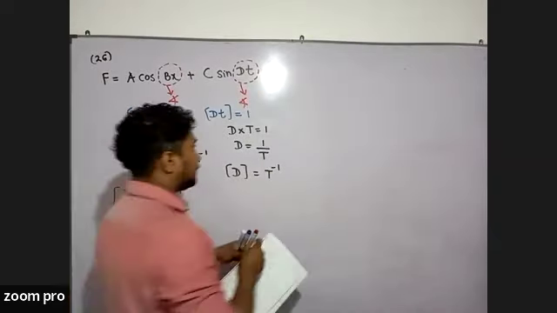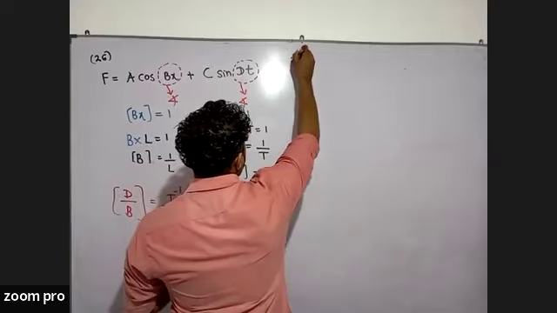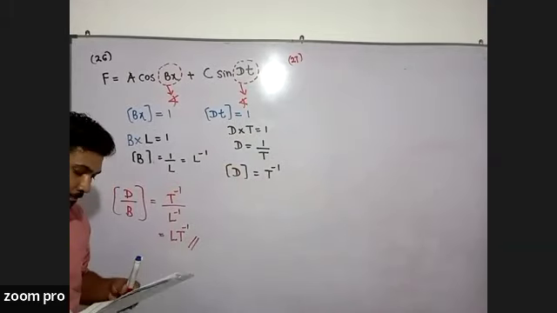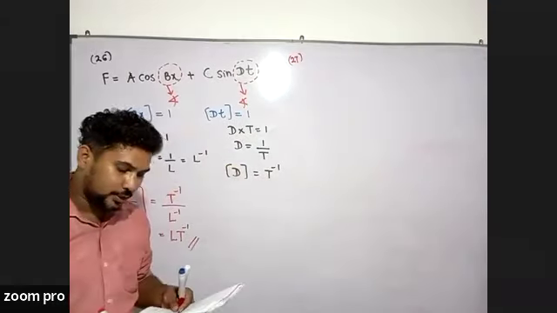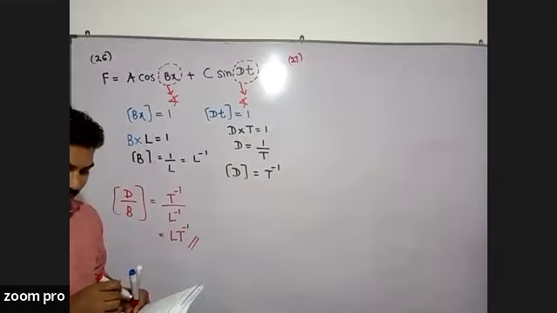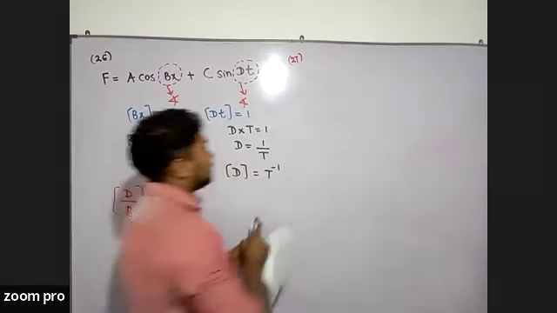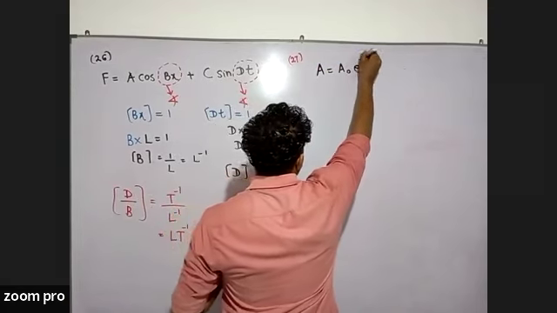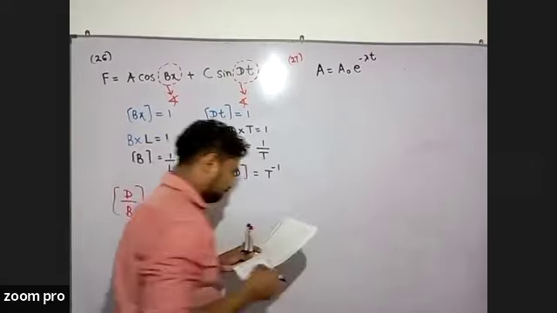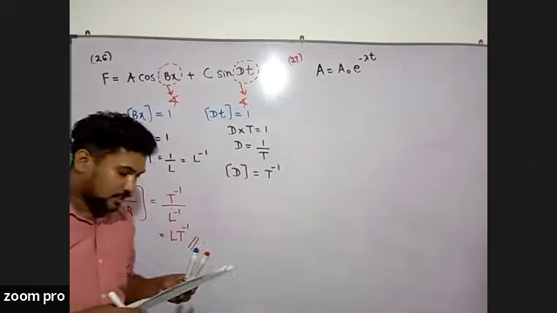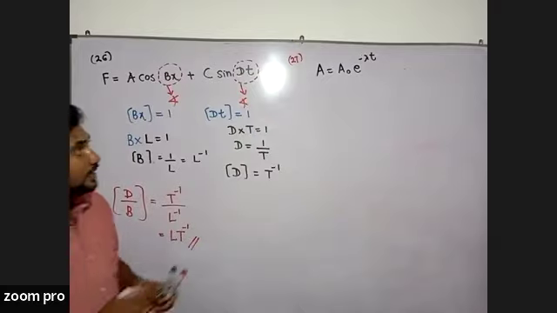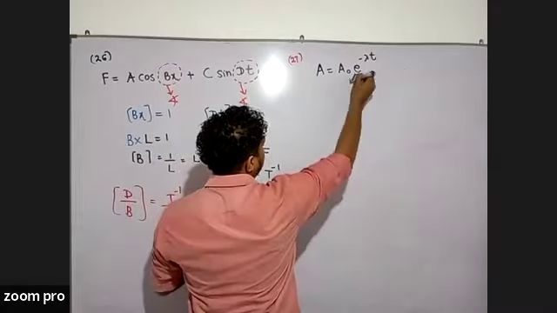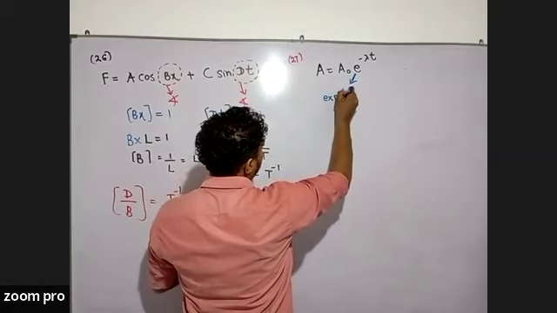So in the 27th question, a variation of the rate of decay of a radioactive sample with time is given by the relationship. This is the equation A equals A naught e to the minus lambda t. Dimensions of lambda, right? So you know that, guys, this represents the exponential function.